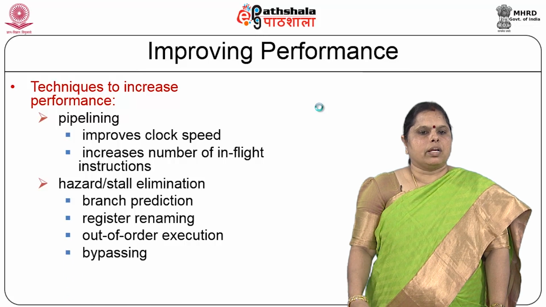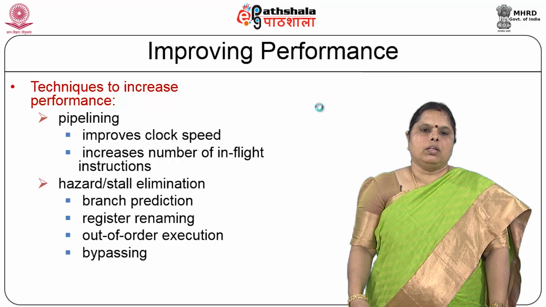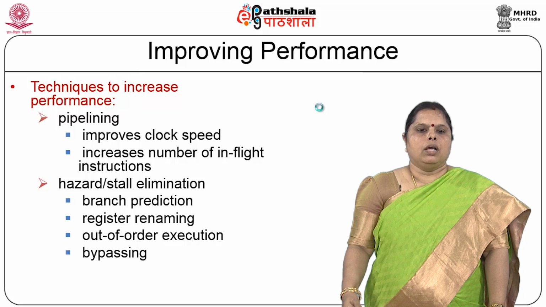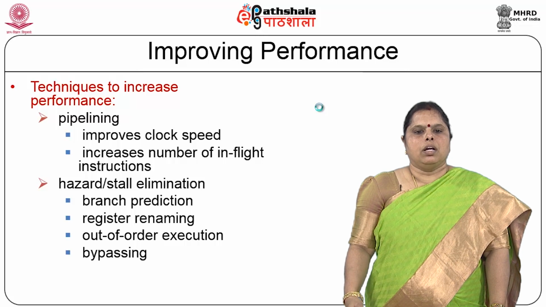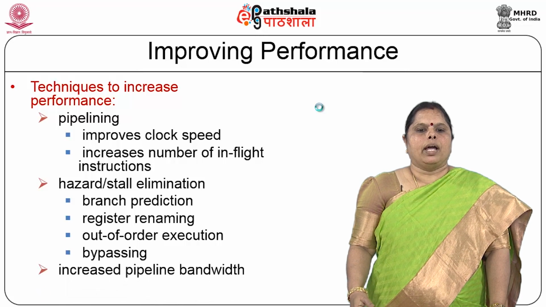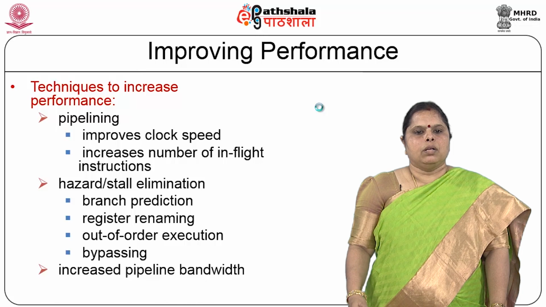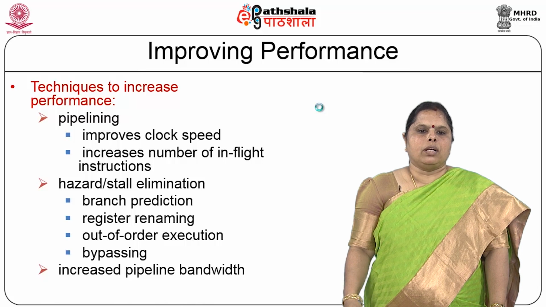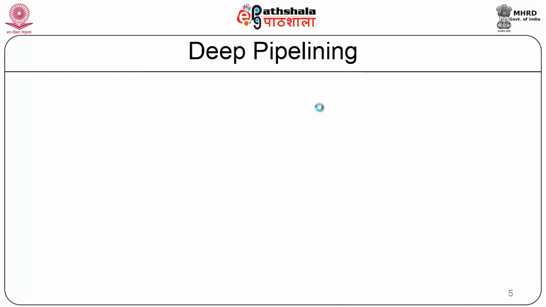All these techniques we have already looked at. We have looked at the basics of pipelining, and at different ways of eliminating or minimizing hazards in pipelining. So, the idea of pipelining is to improve performance, and we have looked at different techniques for solving the problems associated with pipelining.